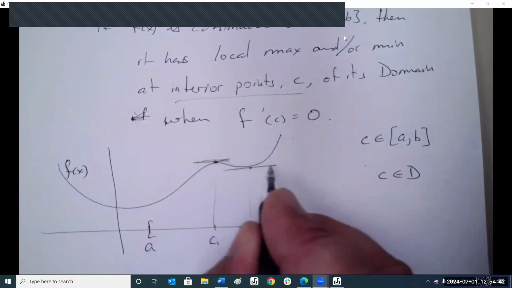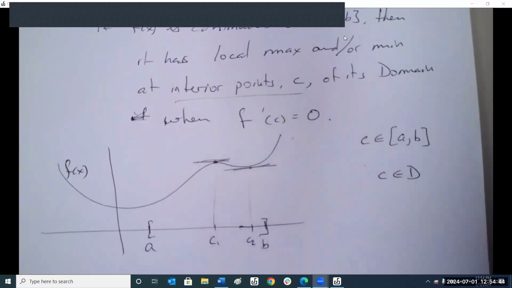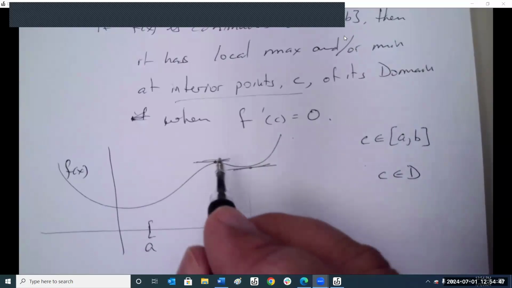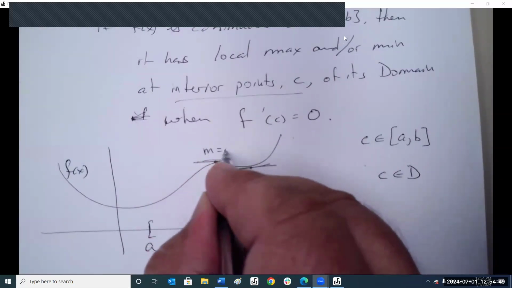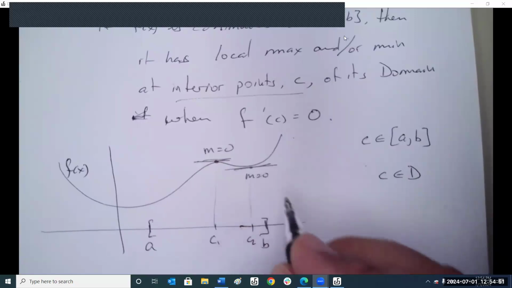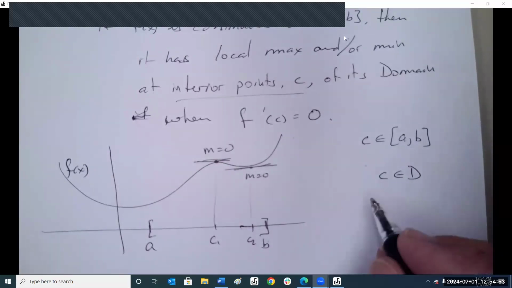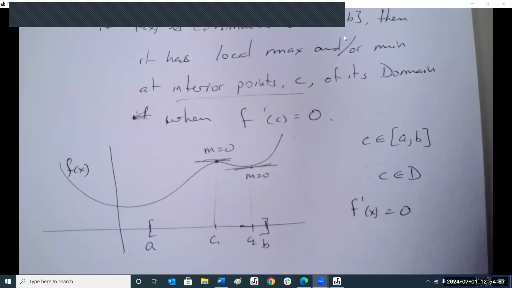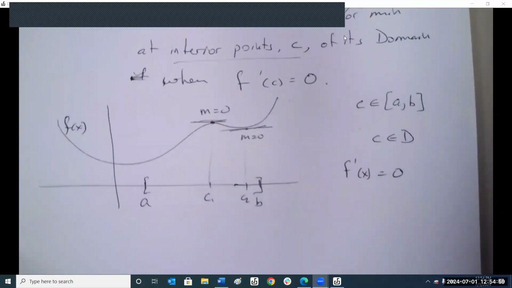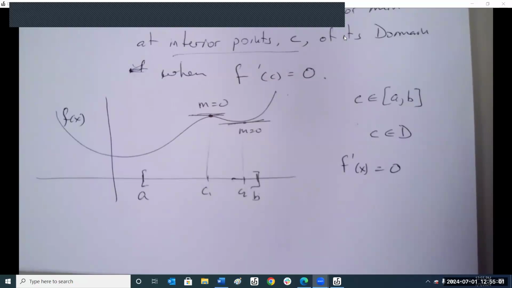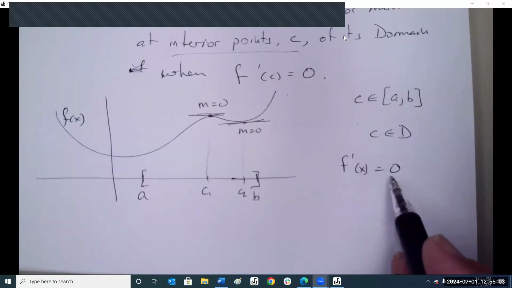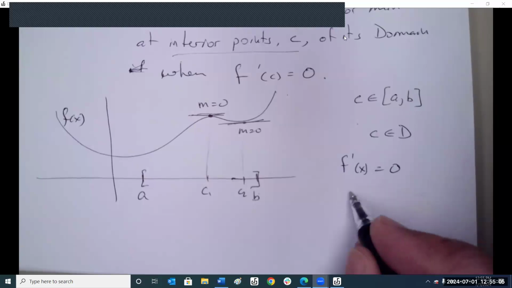So what I can do is find where the slope is equal to 0 by taking the first derivative and setting it equal to 0. Take the first derivative, set it equal to 0, solve for x.